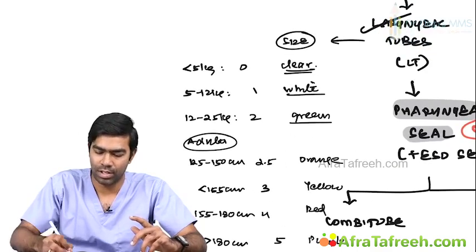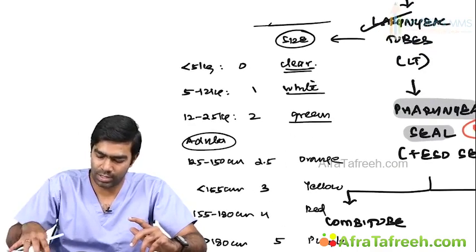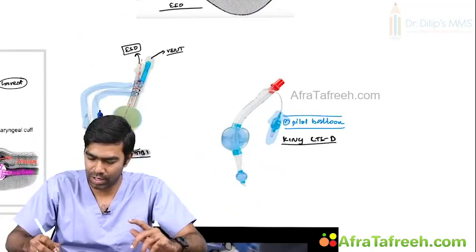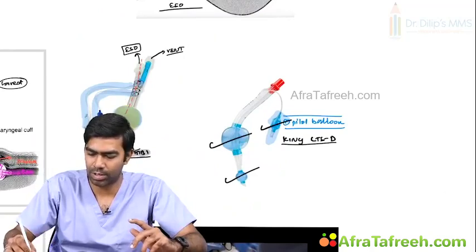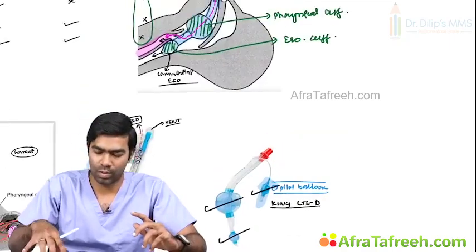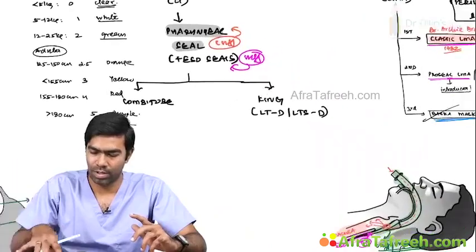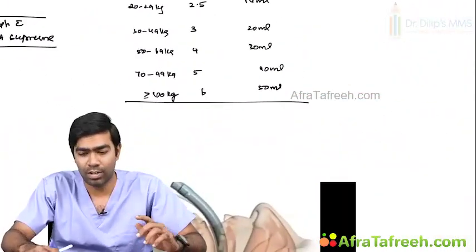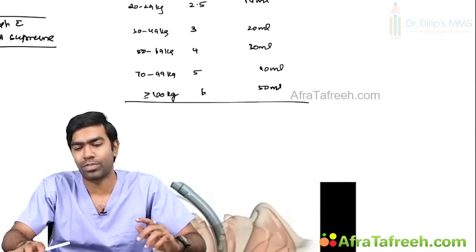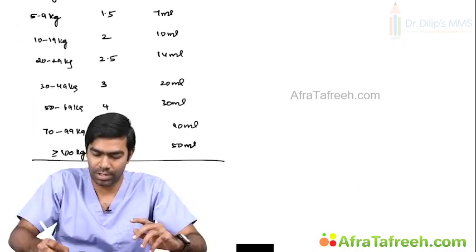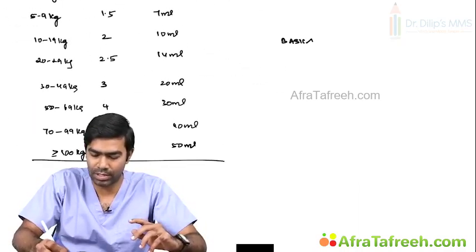So these are the different color codings. For example, you can see in this device the color coding, the purple color, which means it's definitely for adults who are more than 180 centimeters. Similarly, you have color coding for iGel, and you have color coding for your Bosca mask also. So let us see the color coding for the Bosca mask.